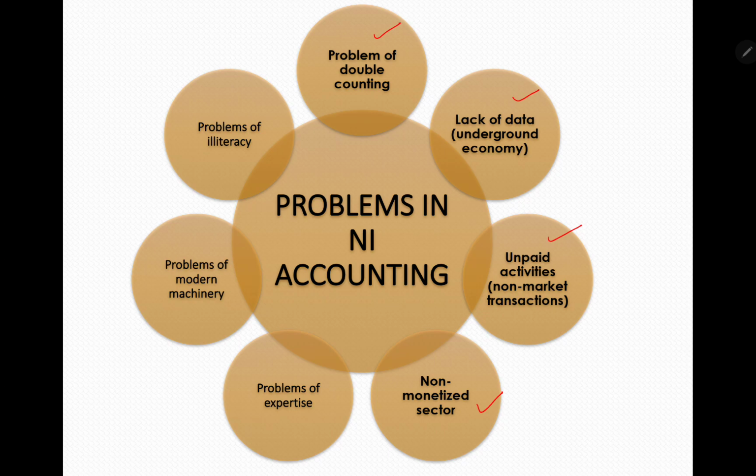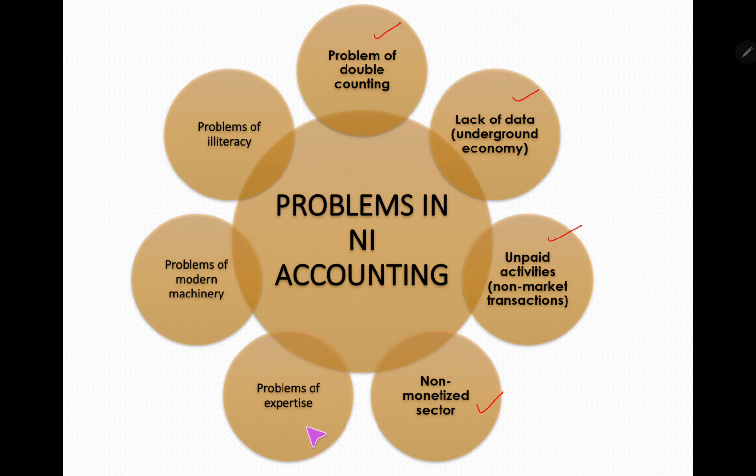But when you buy it from the market, then that transaction will be counted, or if you sell it, it will be counted in the calculation. But because you plant it on your own and use it on your own, then that product produced will not be included in the national income accounting.